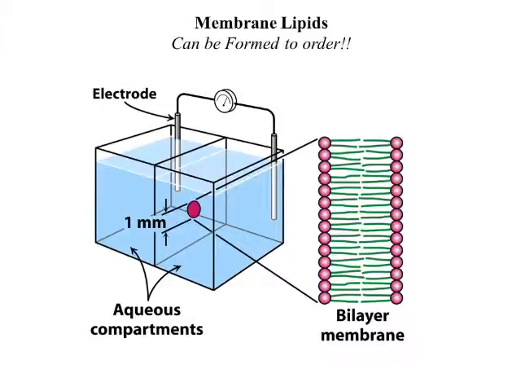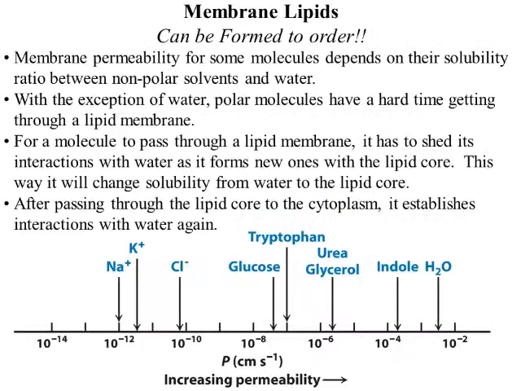Then we have this electrical gadget so we can measure the resistance across the membrane. Sometimes, if they're studying proteins that make pores in the membrane, they will insert themselves automatically and study the average speed of molecules going through that. So there are many very sophisticated ways of studying biological membranes.